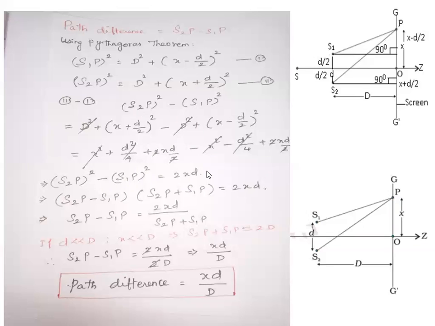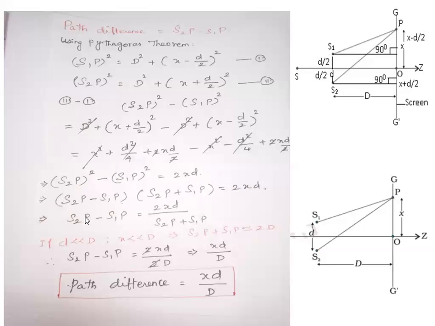Now it is in the a squared minus b squared format that you can see here. Can we abbreviate it? What is the a squared minus b squared formula? It is (a plus b) into (a minus b). So we are writing this as (s2p minus s1p) into (s2p plus s1p) is equal to 2xd.